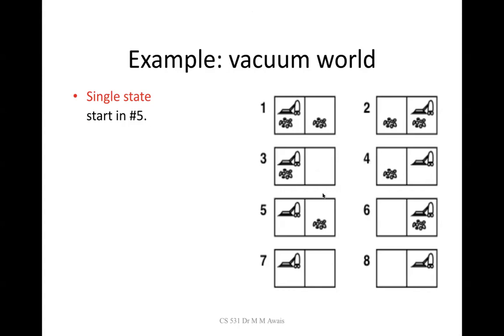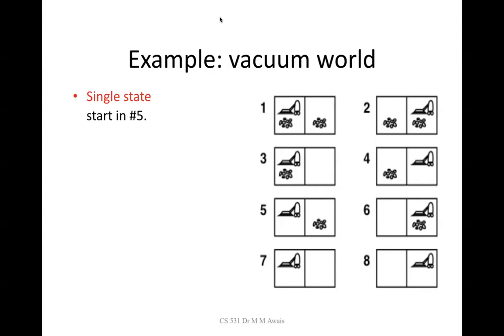So these are different states. There are 8 possible states, and beyond these you can't have any other possibility. The only other possibility is that there are no rooms or there is no robot.